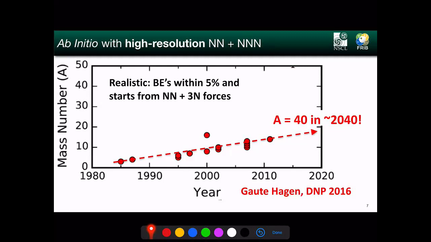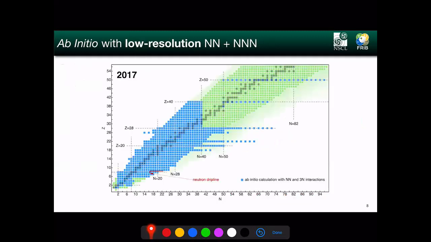And so the point then is that due to Moore's law and the fact that you're forced to use methods which have exponential cost as you increase the size of your calculation, you have this slow, flat, linear trend year by year. And if this were to hold true, if we were to never use these low resolution nuclear Hamiltonians, we probably wouldn't hit calcium 40 calculations until 2040. Okay, so it kind of makes a big difference.